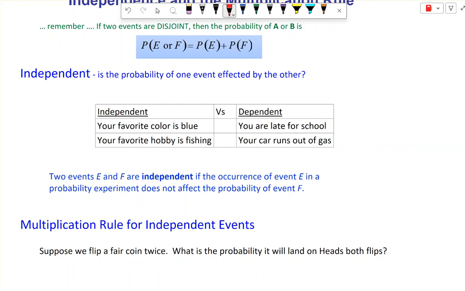The probability of you being late for school is probably impacted by the probability of you running out of gas, because that would cause you to be late. So when we think about two events that are independent, we are determining whether the occurrence of event E has an effect on the probability of event F.